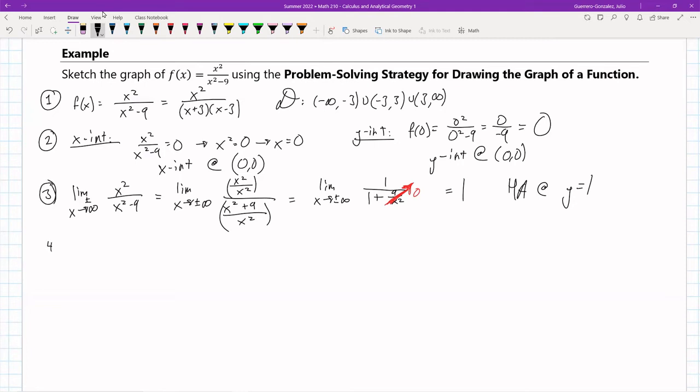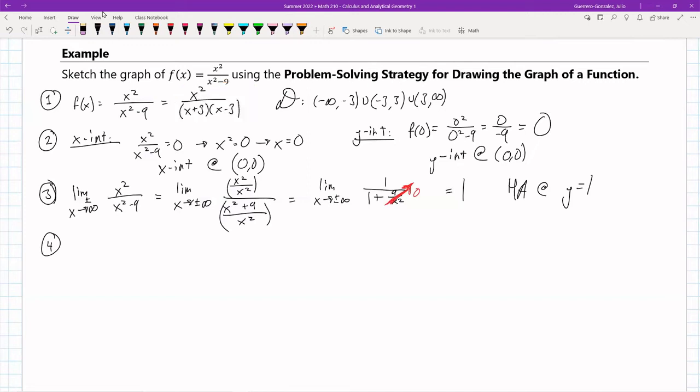Step 4. Determine if there are any vertical asymptotes. Like I said, we can double check this using step 1. So step 4 tells us that we can factor it out this way, right?